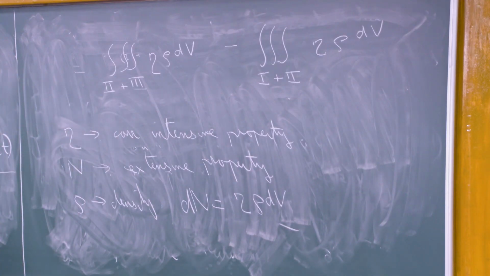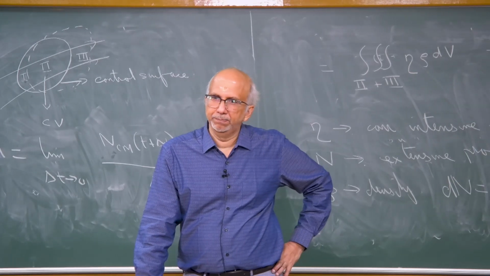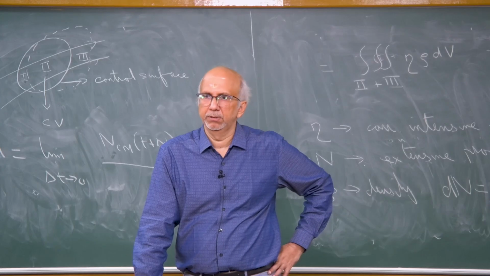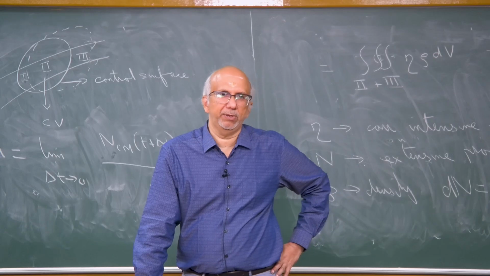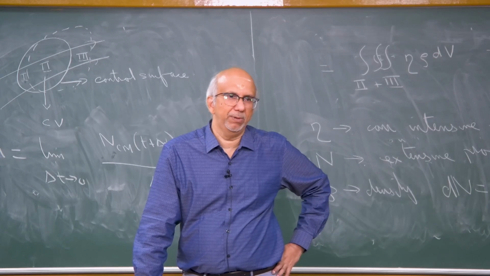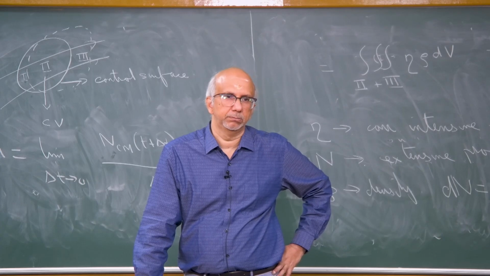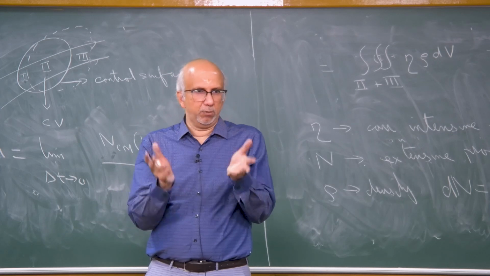So you take a small volume element dV, you multiply it by rho, you get mass element, multiplied by eta, you get the property. Eta is the intensive property, like I said, for momentum, eta will be V. N is momentum. So what is the momentum in a particular small dV?